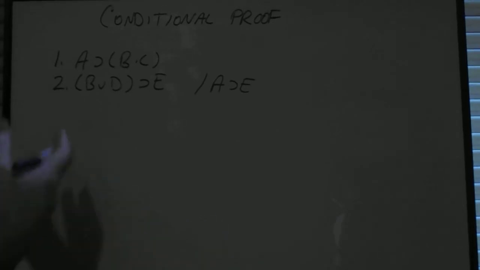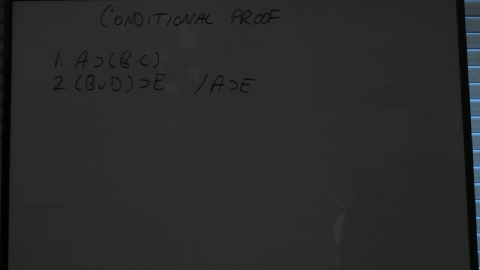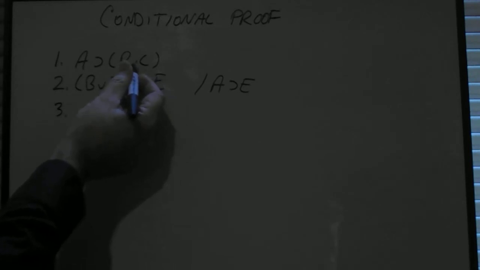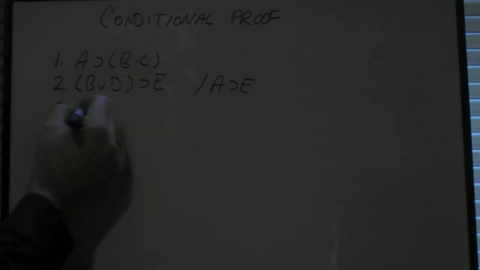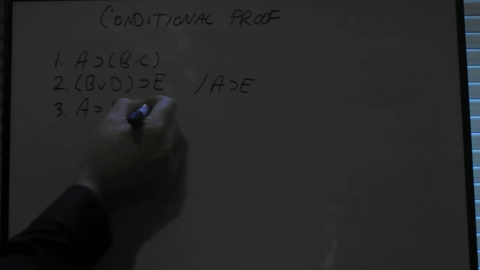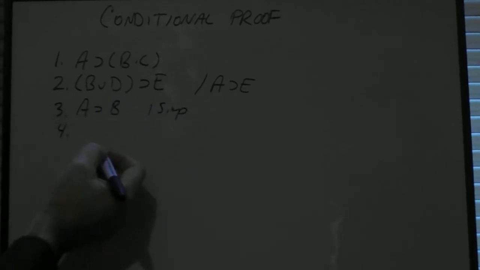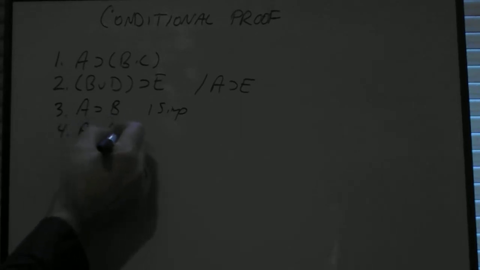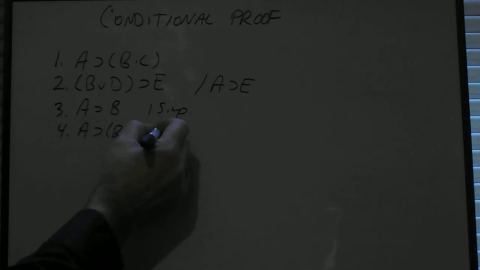I mean, I could do this as is with our basic rules. If we take line 1, you have if A, then B and C. I would simplify that to make it if A, then B. And then I would use addition to add the D. So if A, then B or D, through 3 through addition.